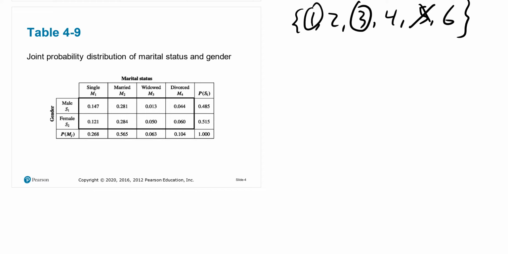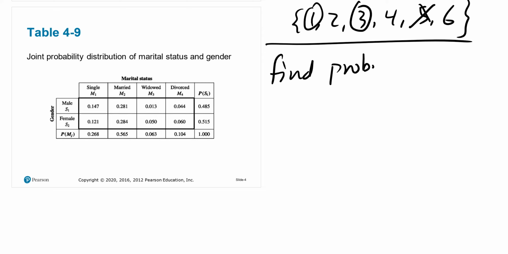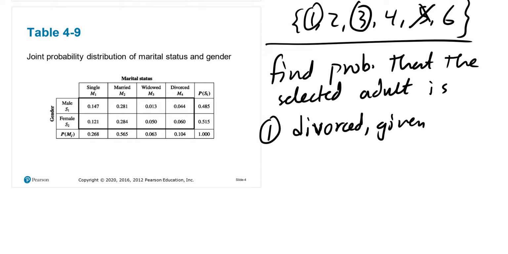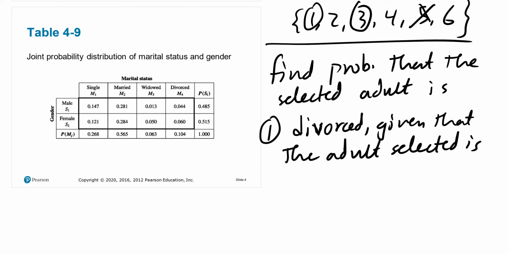They can ask us to find, using the table, the probability that the selected adult is, let's say number 1, divorced, given that the adult selected is a male.